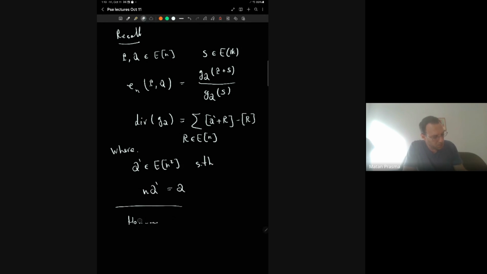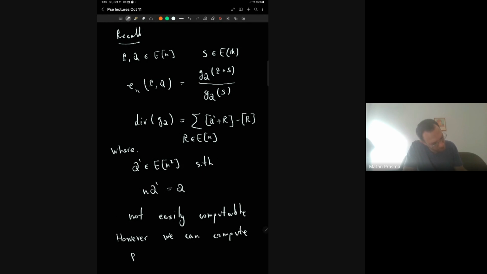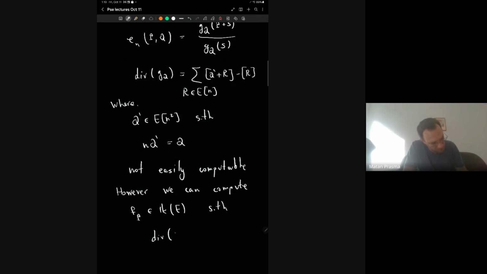So that's not easily computable, but we can compute f_P, a rational function on E, such that the divisor of f_P is n[P] minus n[O].